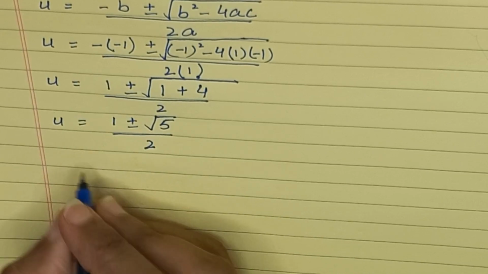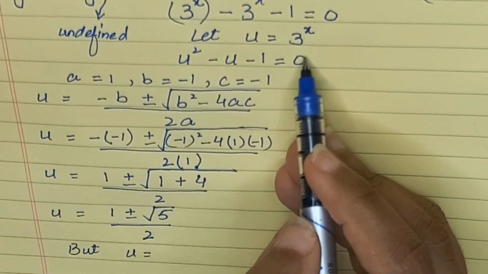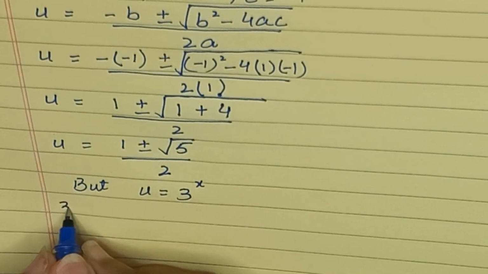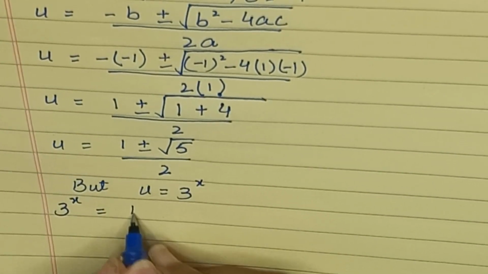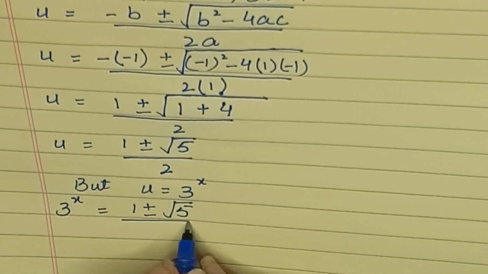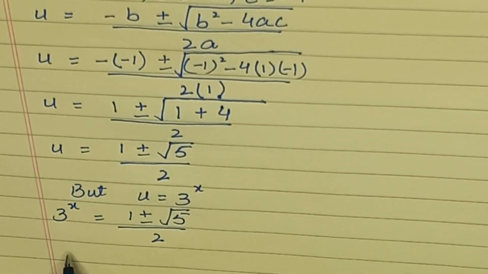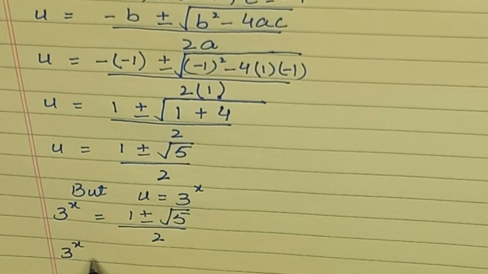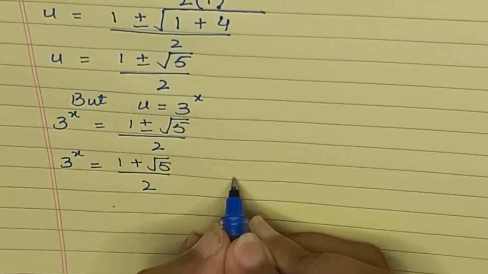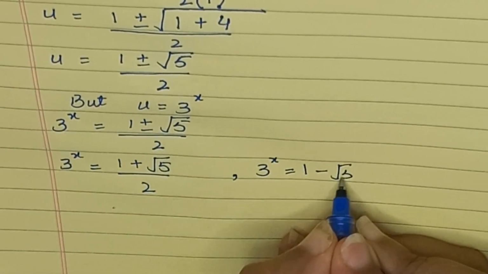But u is equal to 3 raised to the power x. So we will put here 3 raised to the power x is equal to 1 plus minus square root of 5 divided by 2. So we can write 3 raised to the power x is equal to 1 plus square root of 5 divided by 2, and 3 raised to the power x is equal to 1 minus square root of 5 divided by 2.